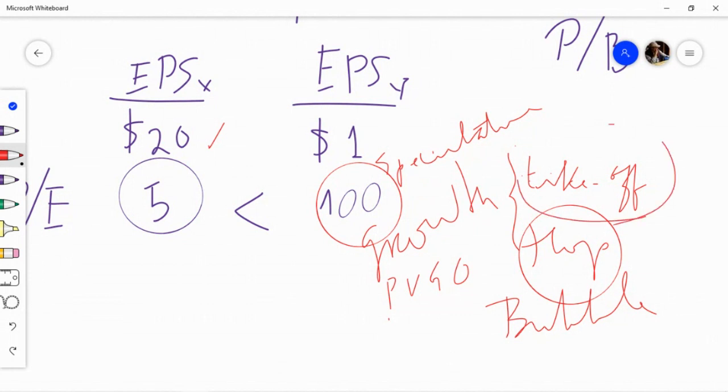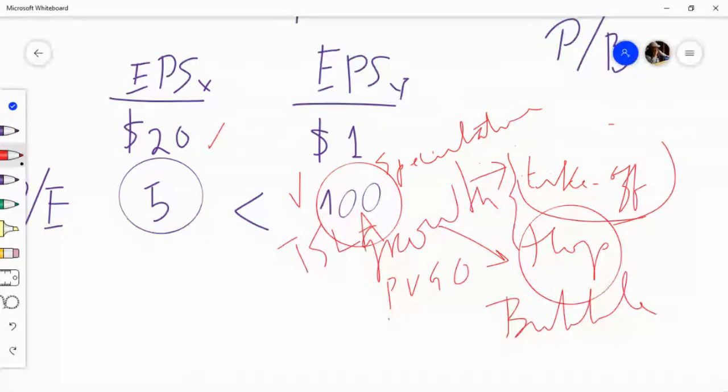But how many of these high price earnings ratio stocks will really take off? I would say Tesla was typical of this. Tesla was a typical case of this.